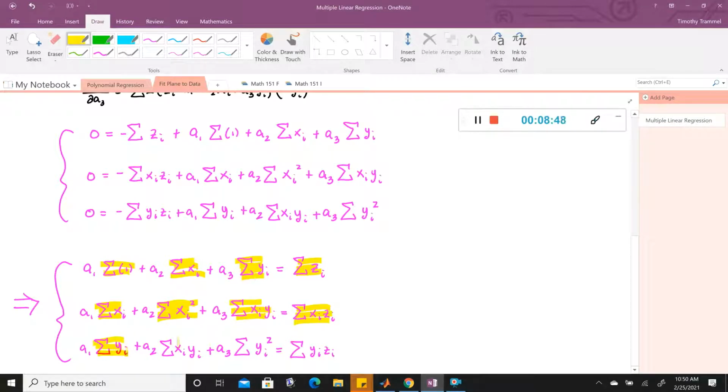So all these sums that we're looking at are all just filled with constants. Okay? And in fact, if you were to add and multiply a bunch of constants, you get a constant. So every one of those highlighted pieces is a constant. So you have a1 times a constant plus a2 times a constant plus a3 times a constant is equal to a constant. This is just a linear equation. Okay? This is a system of linear equations.